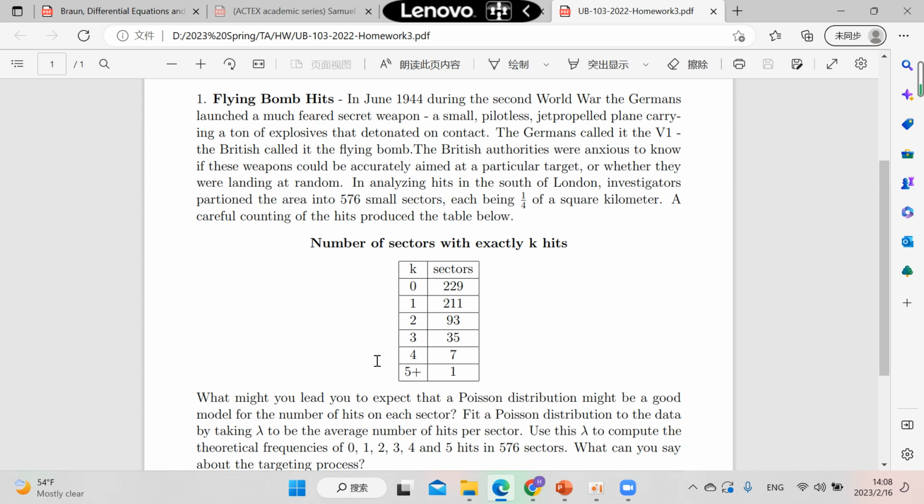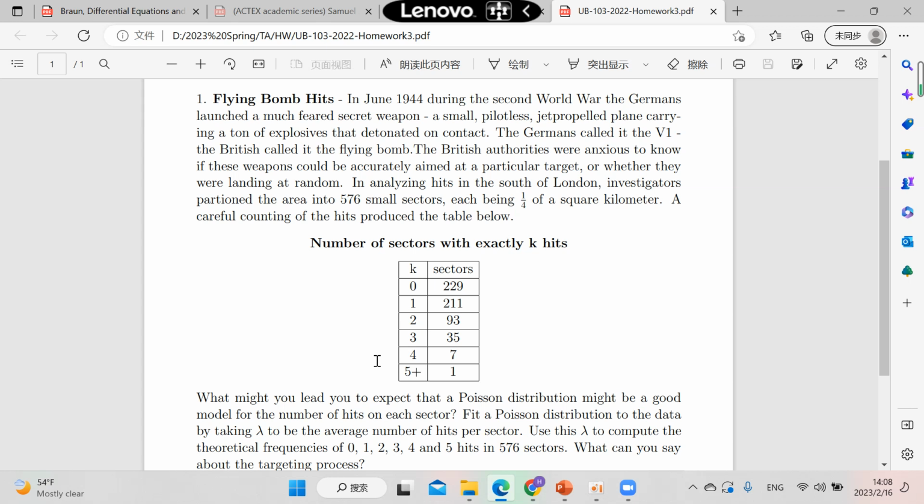Using that assumption, you're going to calculate the theoretical frequencies of k equals 0, k equals 1, k equals 2, like how many sectors would be bombed 0 times, how many sectors would be bombed 1 time, how many sectors would be bombed 2 times, etc.